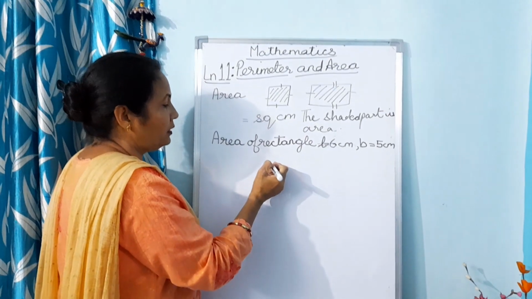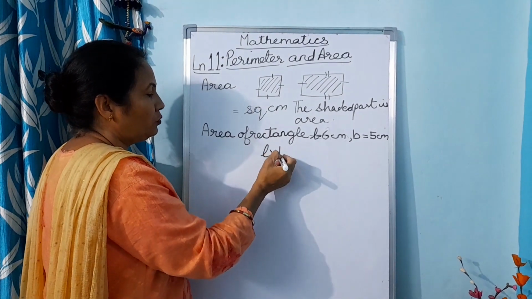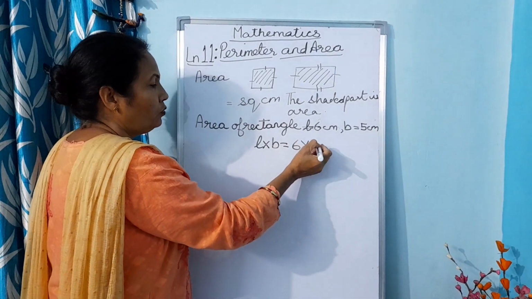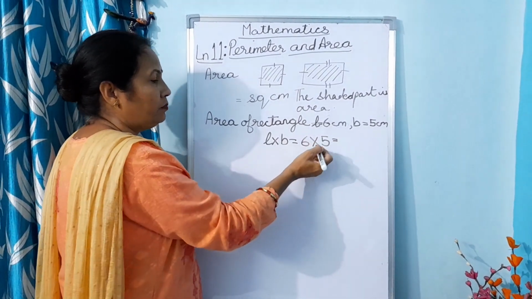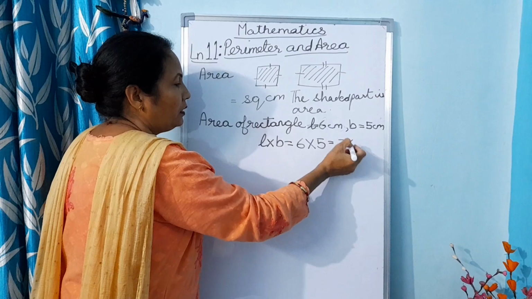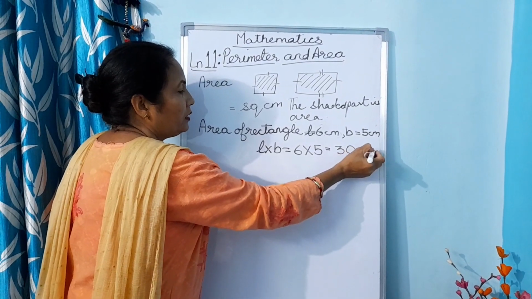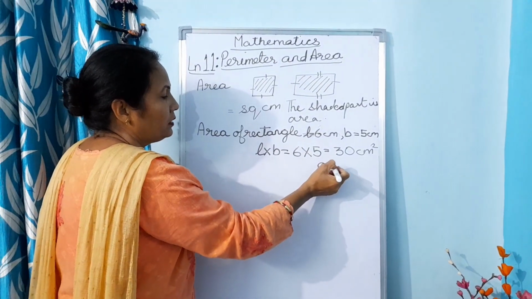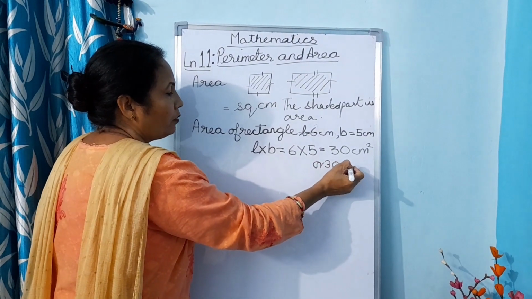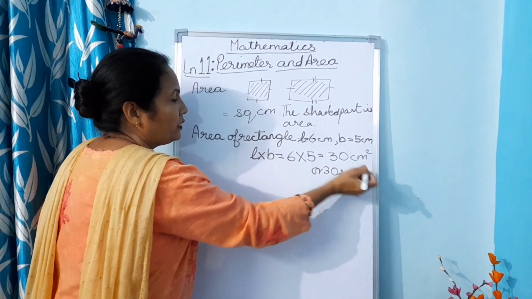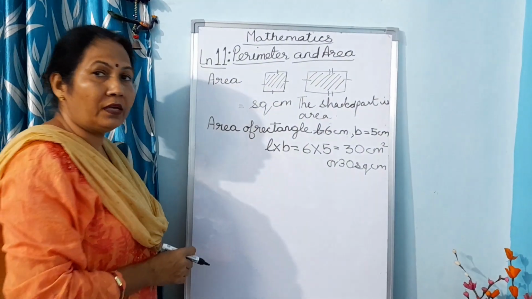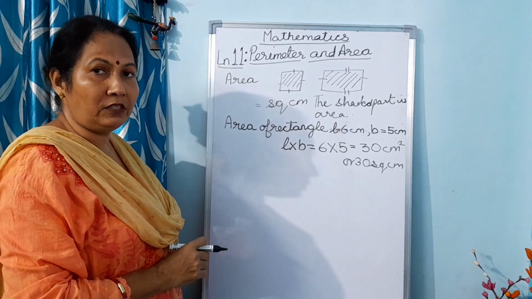You will write here length into breadth is equal to 6 into 5. Now you will multiply 6 5s are 30 centimeter square, or you can also write as 30 square centimeter. This is how you have to solve the sums of area of rectangle and square.